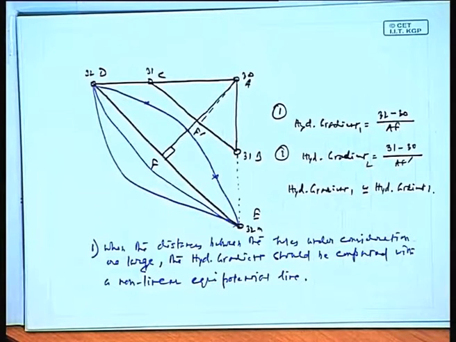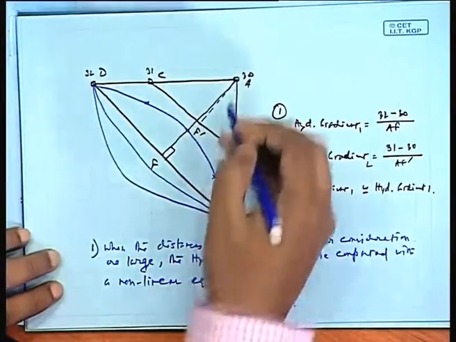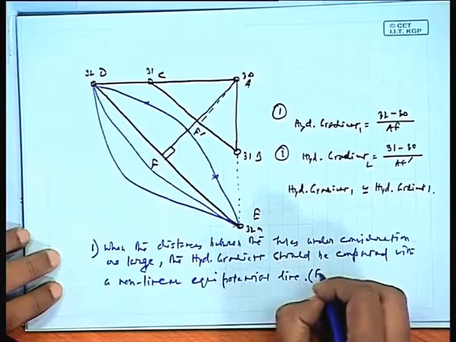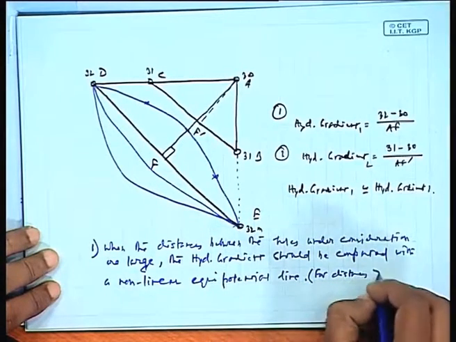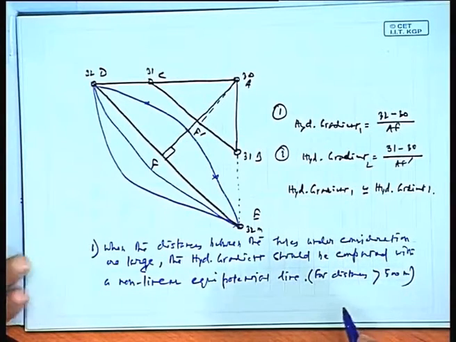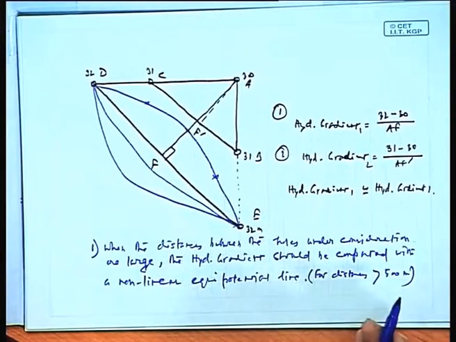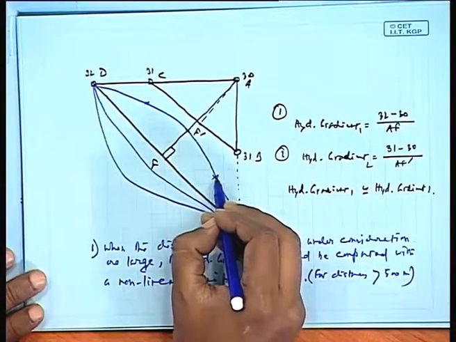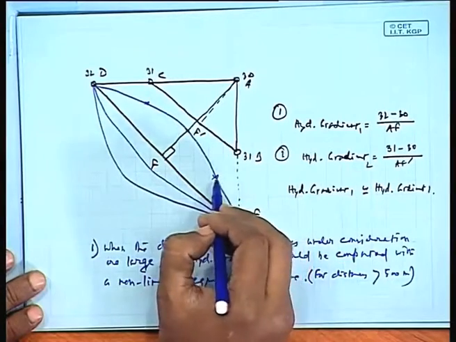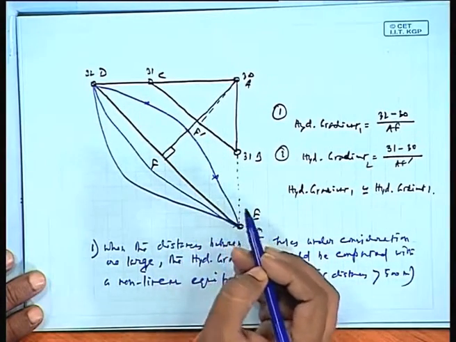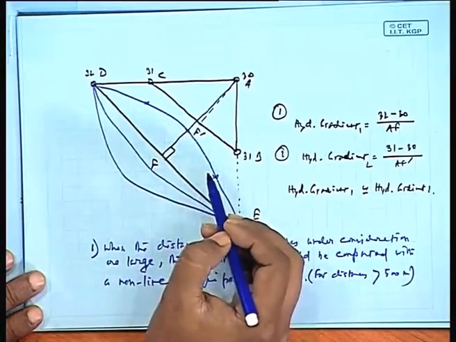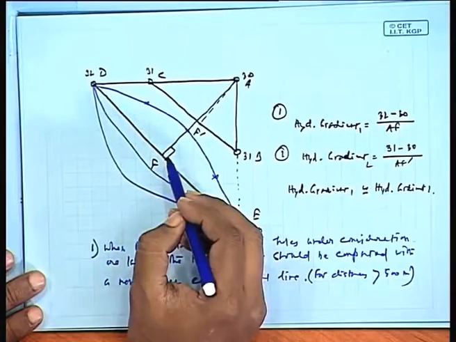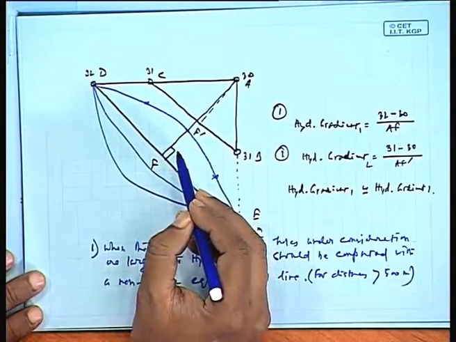For distances more than 500 meters from each borehole, you can find that there is a non-linear equipotential line. We have to find the hydraulic gradient at all points, and from there compute the average hydraulic gradient, and that would be used for the total field, the total groundwater body.